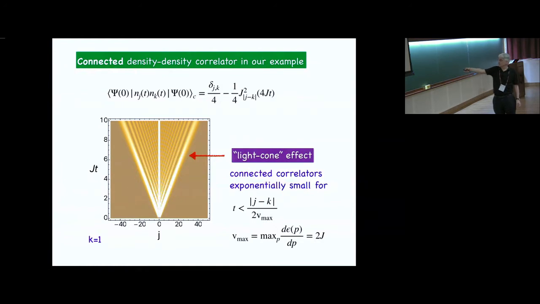And you see the limit. The border of when these density correlations become appreciable looks like a linear function, like a light cone.